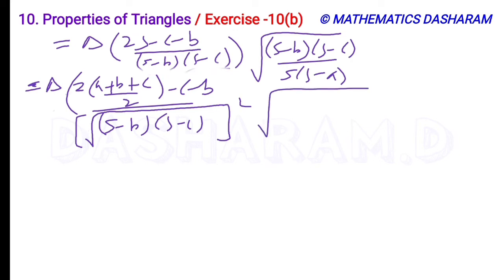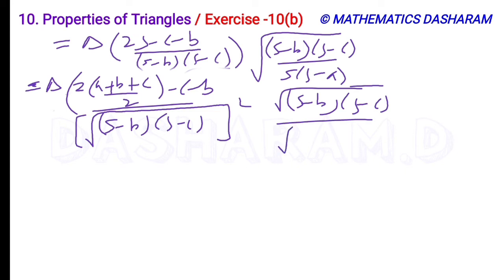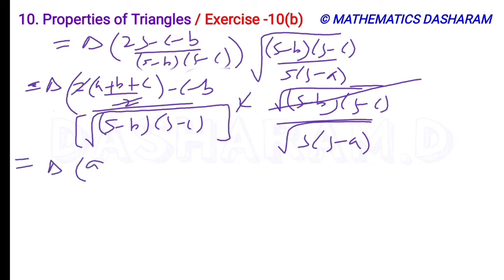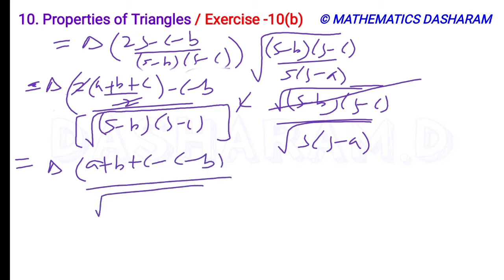Now apply the square root for numerator and for denominator. Now what happened? This square root and this square will get cancelled. So delta into, here 2 cancels, a plus b plus c minus b, divided by under root (s - b) into (s - c).